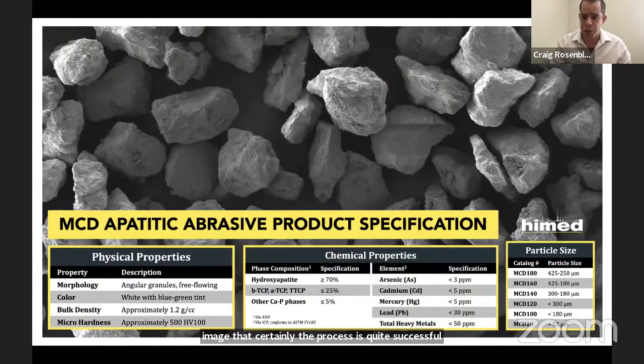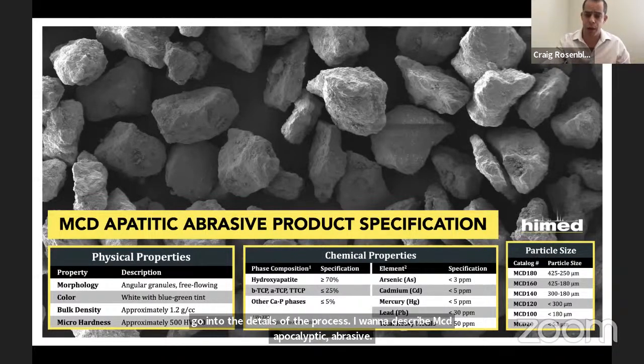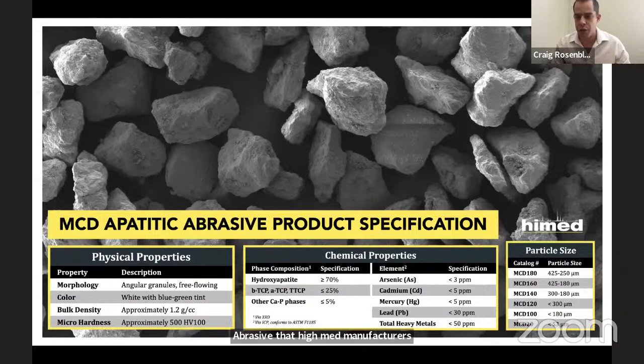Before I go into the details of the process, I want to describe MCD apatitic abrasive. MCD is a calcium phosphate abrasive that HiMed manufactures. It's available in a wide variety of sizes, and it's predominantly comprised of hydroxyapatite and tricalcium phosphate, manufactured to be as hard as possible because it is used in a grit blasting application.